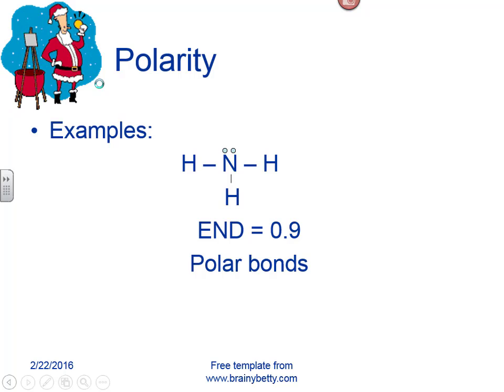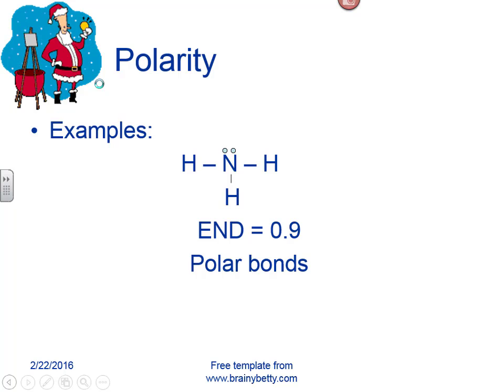If it has polar bonds, then we need to check for symmetry. And again, you can do that with mirrors or you can do that with the arrows. If you had a mirror going right up and down the center, would you see the same on both sides? Yep. What about if you put it here, top to bottom?